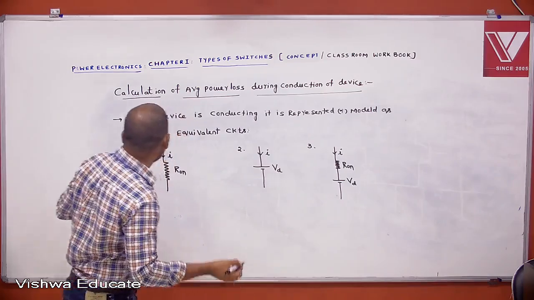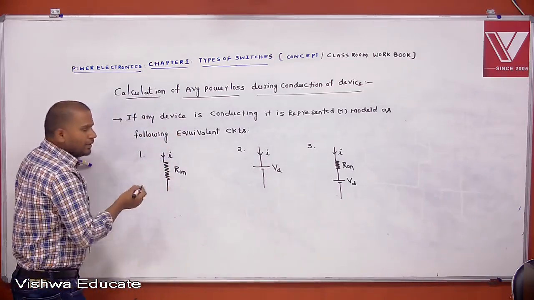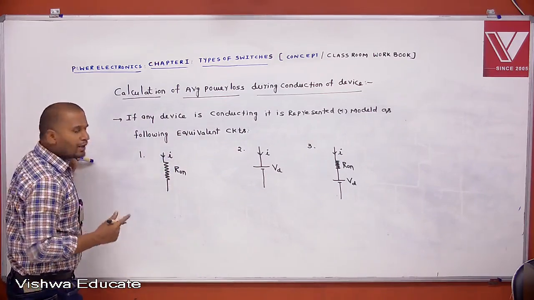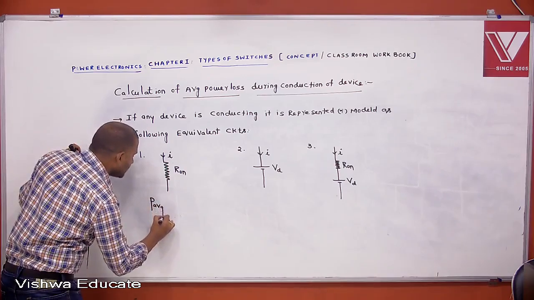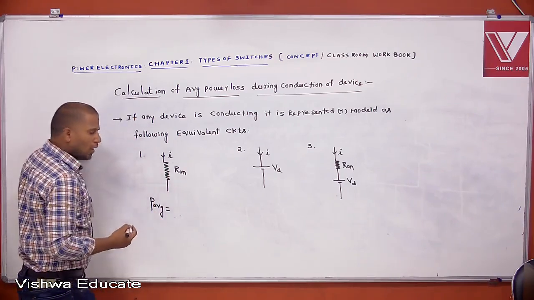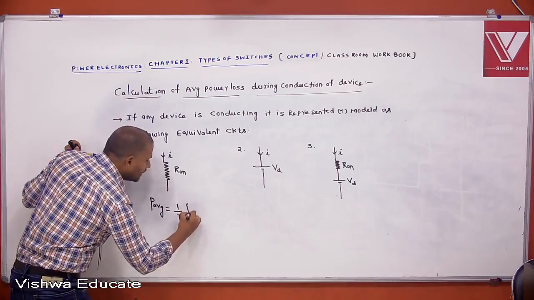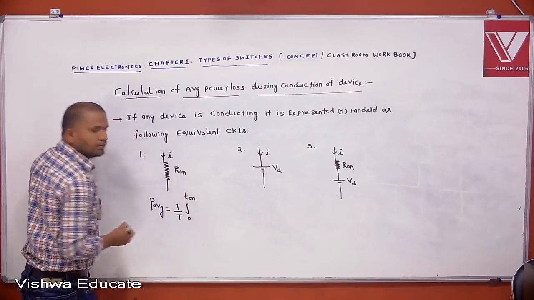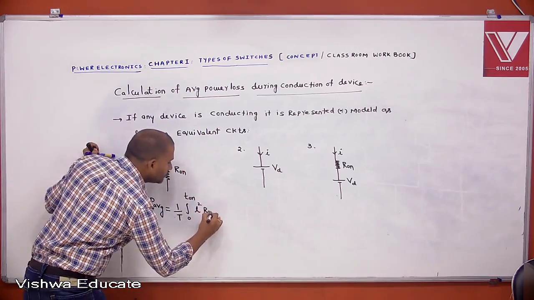Okay. Now, in this case, if it is represented with only resistance, then how to calculate average power loss? Then average power loss equals 1 by T integral 0 to T on of I square R on dt.